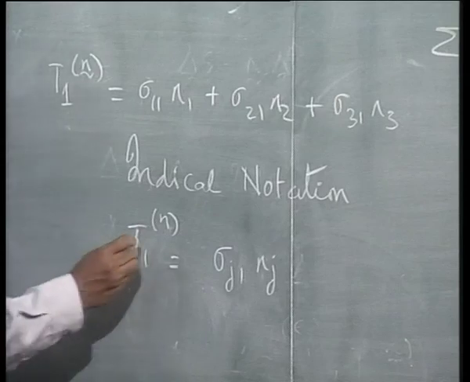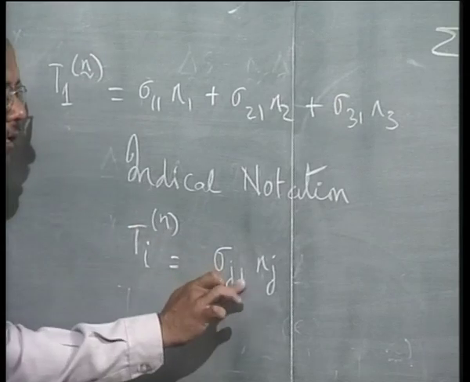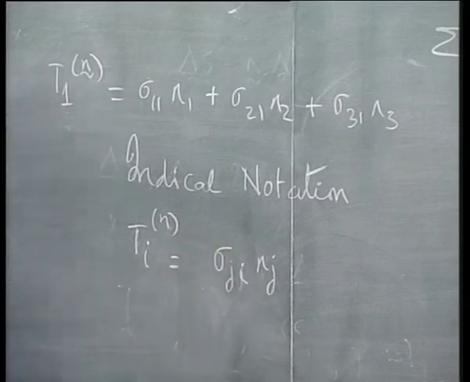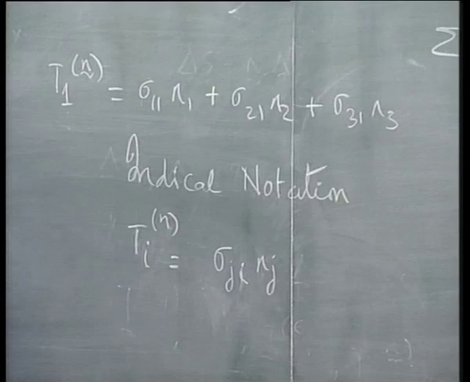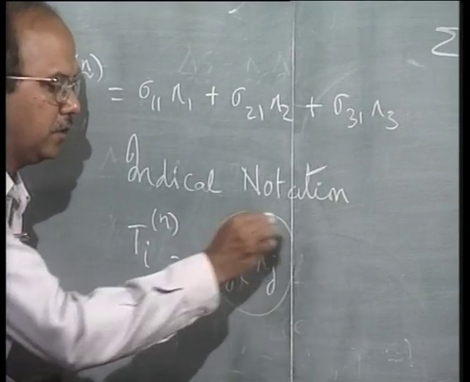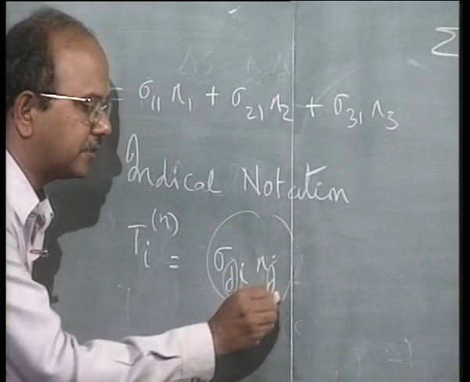Under that convention, we don't write down the summation, but we put certain rules for summation. As you see it, there is a term here with repeated index.